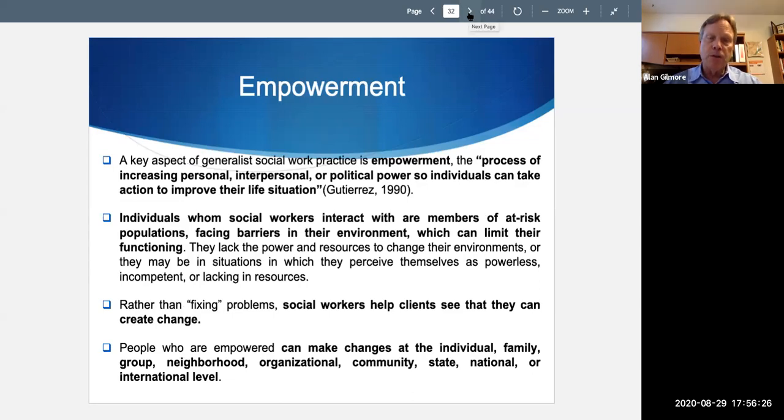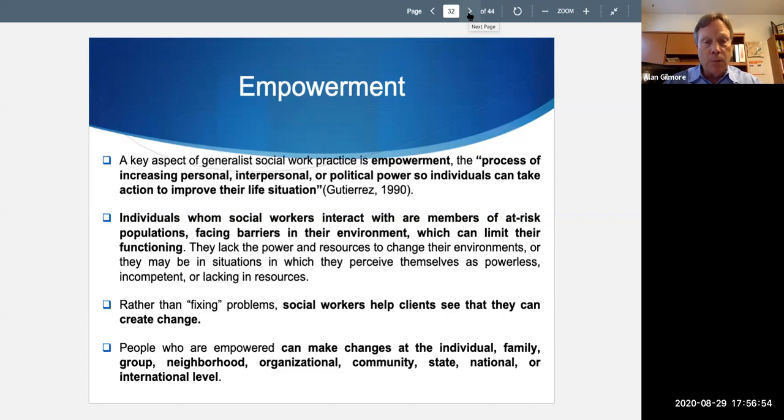So similar to the strengths perspective is also the concept of empowerment. This is a key aspect of generalist social work practice. It's the process of increasing personal, interpersonal, or political power so individuals can take action to improve their life situation. Individuals whom social workers interact with are members of at-risk populations facing barriers in their environment which can limit their functioning.